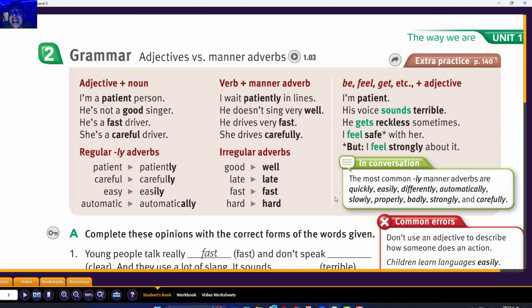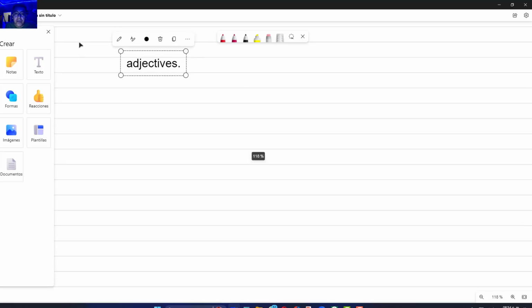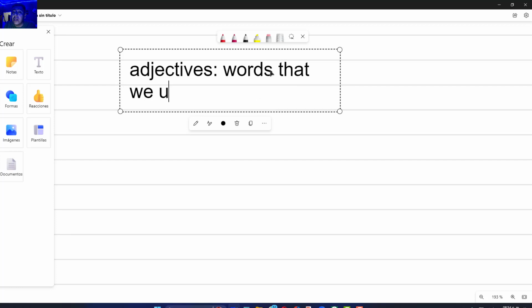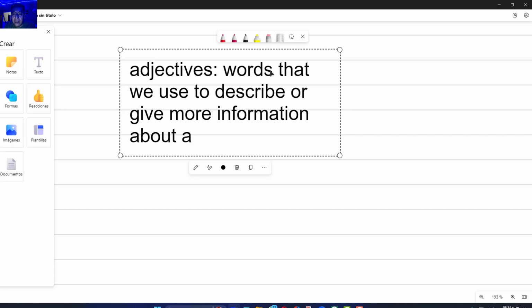The next part is adjectives versus manner adverbs. What are they and how do we use them? Okay? Let's go with the explanation. First, we're going to have adjectives. I don't know if you remember, but adjectives are just words that we use to describe or give more information about a noun.